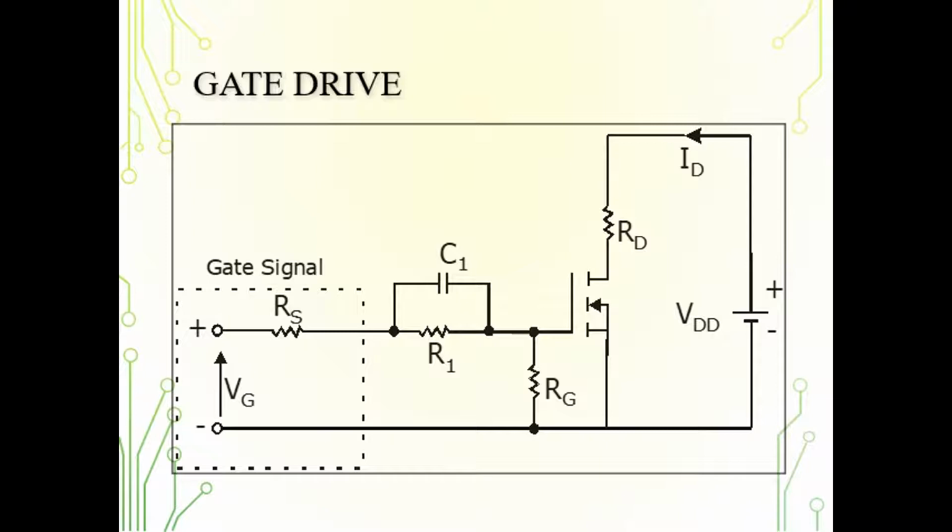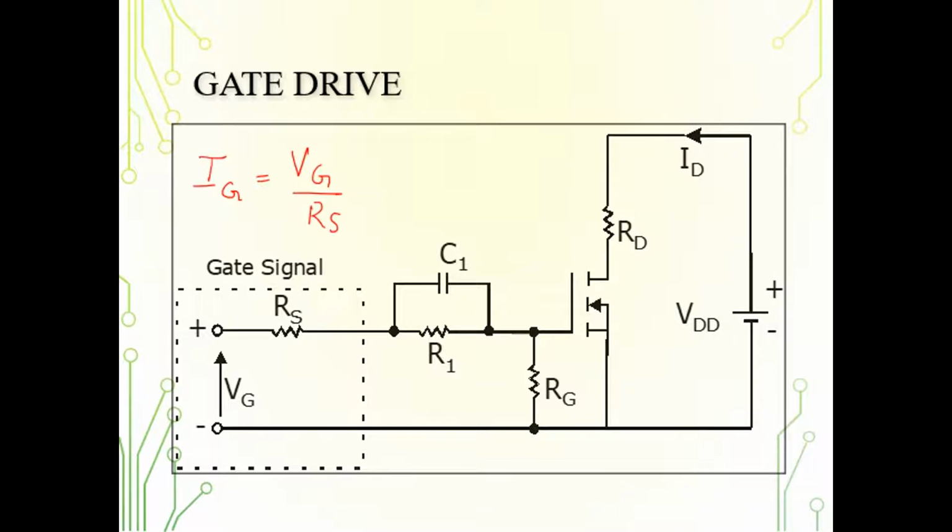So the initial charging current of the capacitance will be Ig is equal to Vg by Rs. So this is the initial charging current of the capacitance.